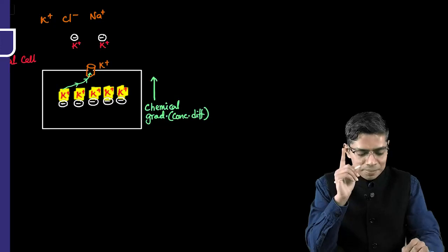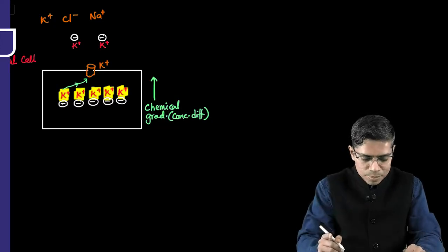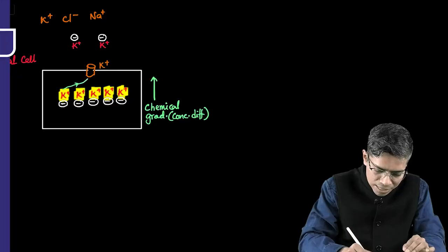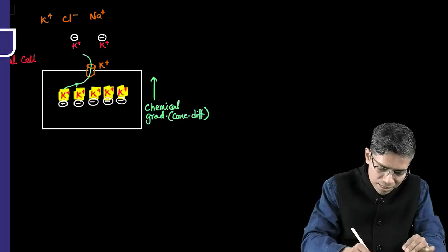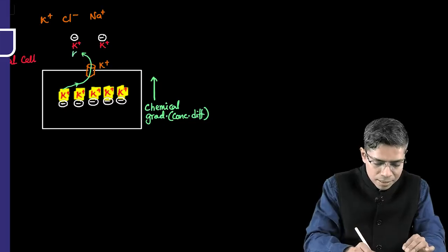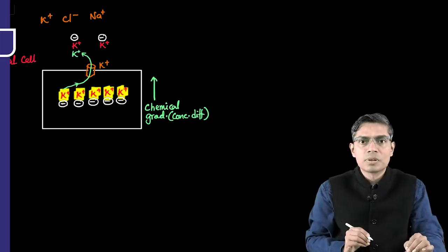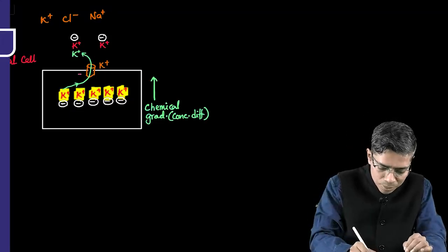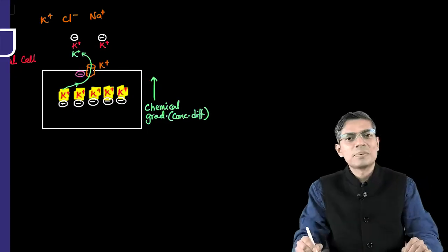So what is going to happen? Whenever the potassium is moving towards this channel along with a corresponding negative charge, the potassium will easily pass through because the channel is dedicated for potassium. But it will not allow the corresponding negative charge to pass through this channel, and the negative charge will be deposited here. Getting my point?